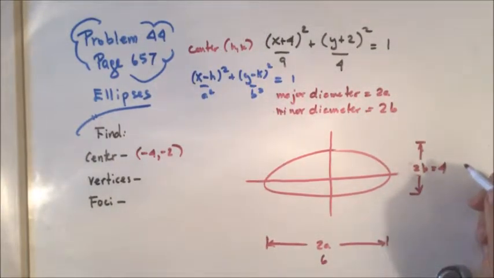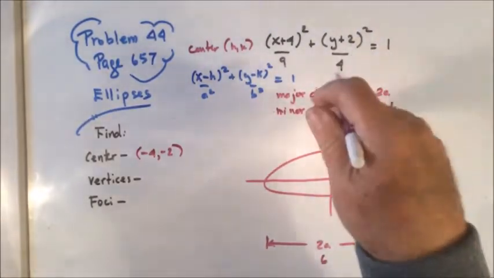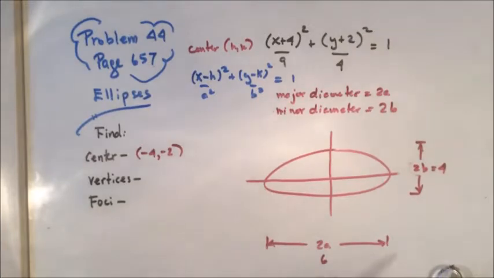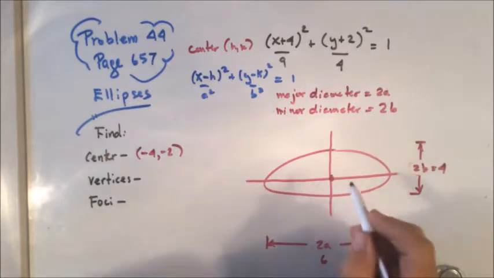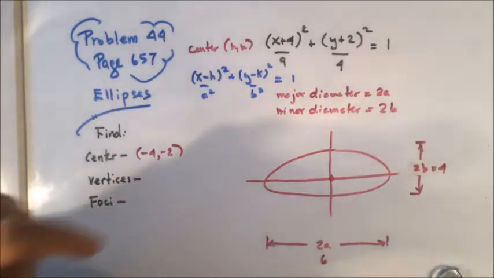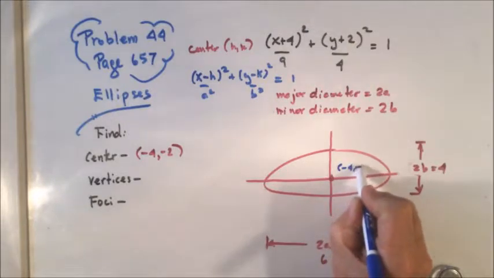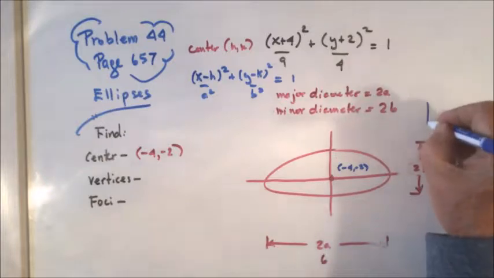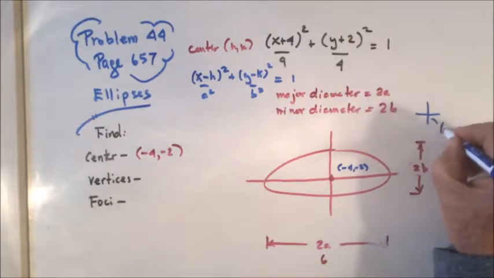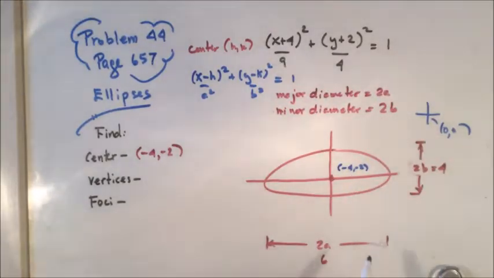I'm not sure I did that right. B squared is 4, b is 2, 2b is 4. Okay, so there we've got my funky looking ellipse, and that center point is, as we said, minus 4, minus 2. There's a coordinate system and an origin 0, 0 someplace over here. The center is 4 over and 2 down.